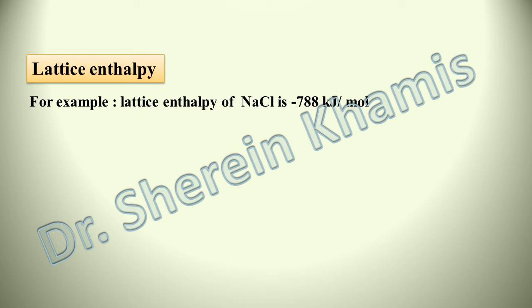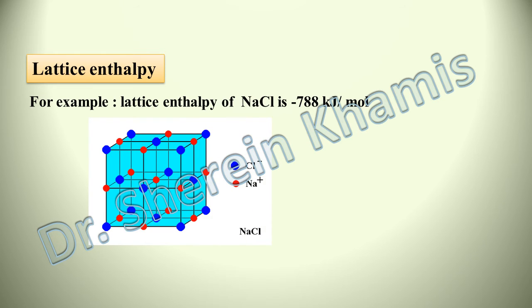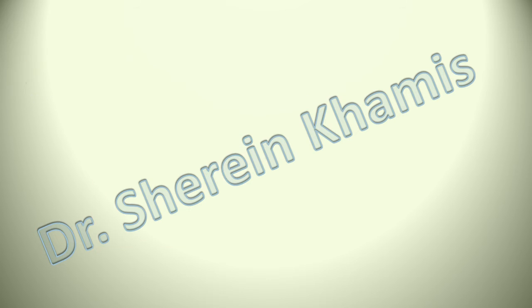So table salt is the most stable ionic compound that we form in our life. As we see, it is around us everywhere. We have table salt, NaCl. As we see in the diagram, we have the lattice structure of sodium chloride, Na plus and Cl negative.